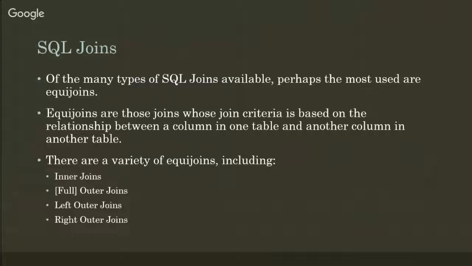Basically, it's the set of criteria under which the result set is returned. Of the variety of equijoins, some of the more common ones are inner joins and outer joins, which include left outer joins and right outer joins, and I'll talk about those as we go along.